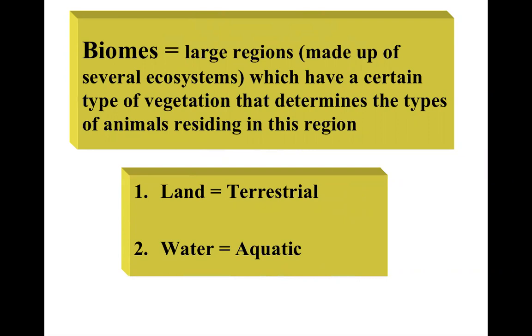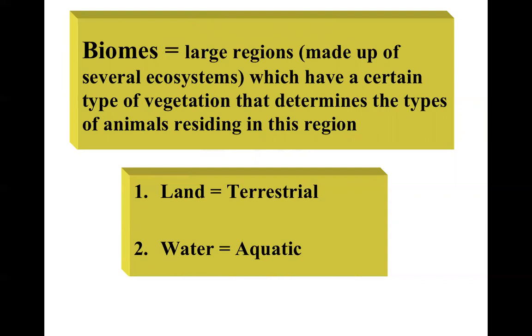The climate will, of course, determine the type of vegetation that grows there, and the type of vegetation that grows there will determine which animals will reside there. So biomes is the next level of organization: several ecosystems put together with a certain climate, vegetation, and animal life that it supports.